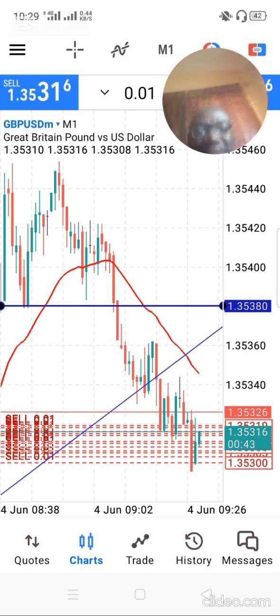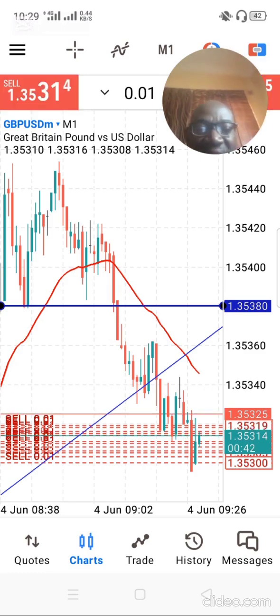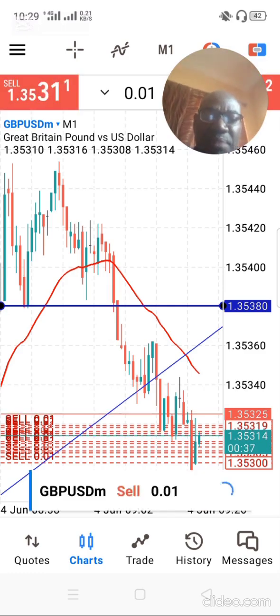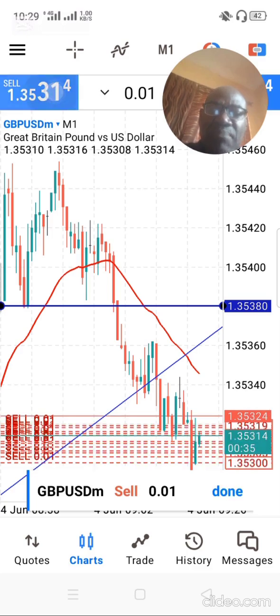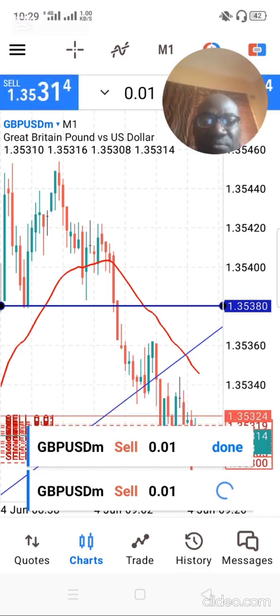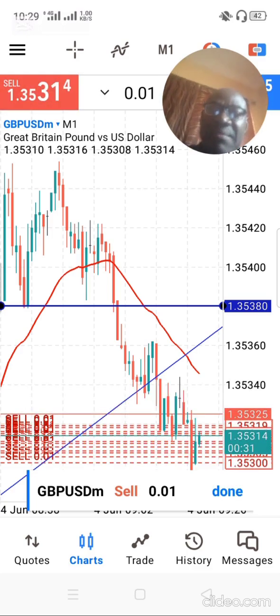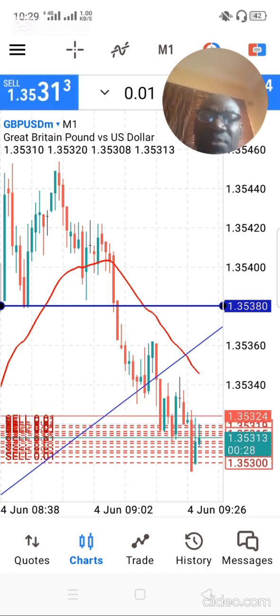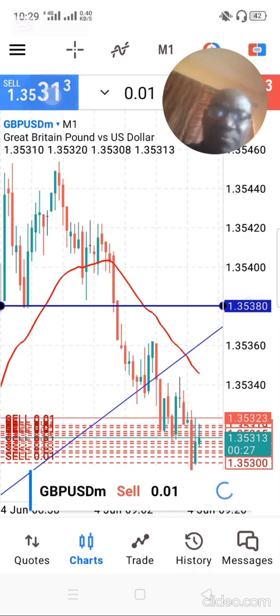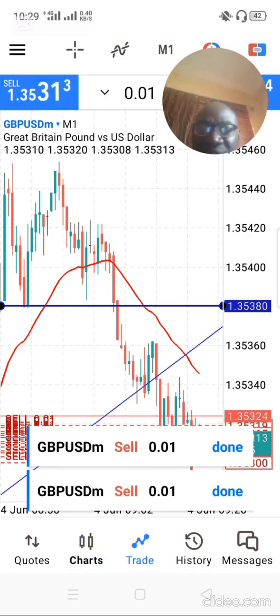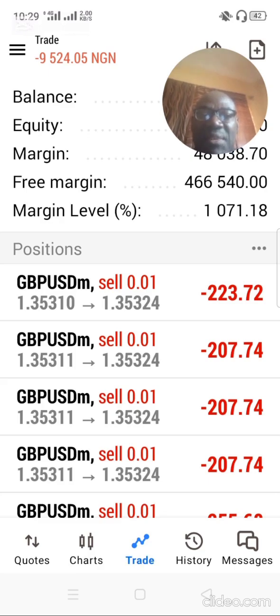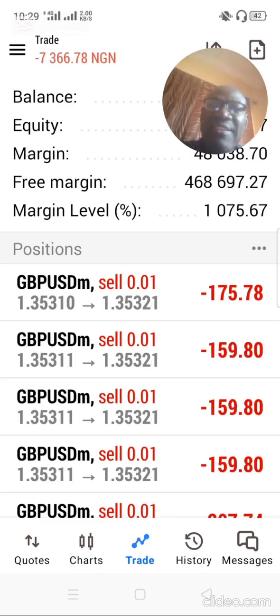Now anytime the price retraces, I'm going to go in massively and put in more positions. Remember, I'm trading just 0.01 lot. As it's retracing against me, you can see it's already against me.